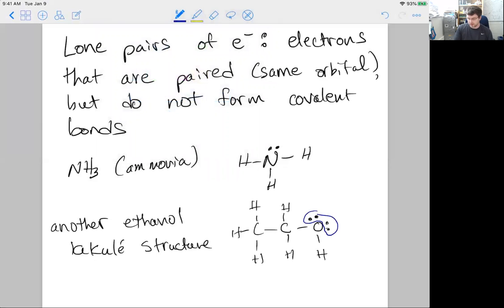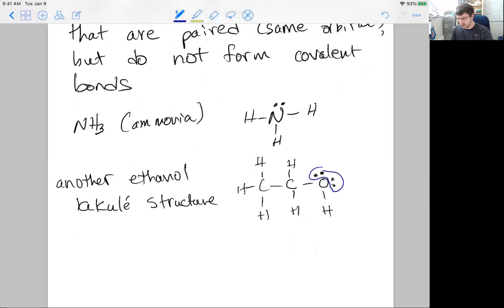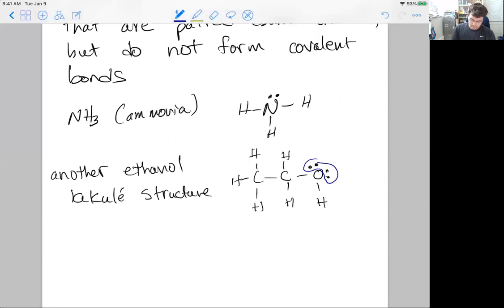That doesn't matter, okay? So those lone pairs of electrons can be the top, bottom, left, right, north, south, east, or west, whatever you want to do, okay? Just as long as they're there, they're drawn when you're considering Kekule structures and Lewis dot structures both, and you don't forget about them.